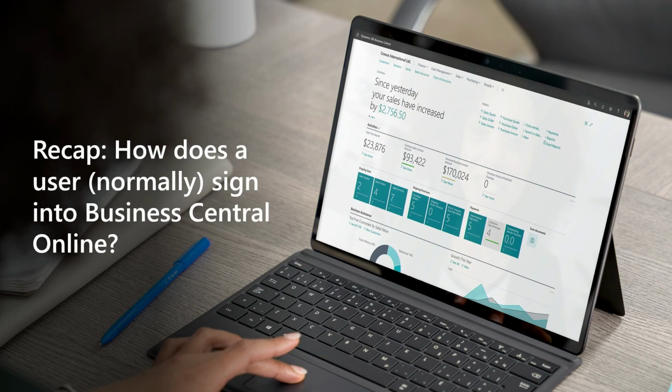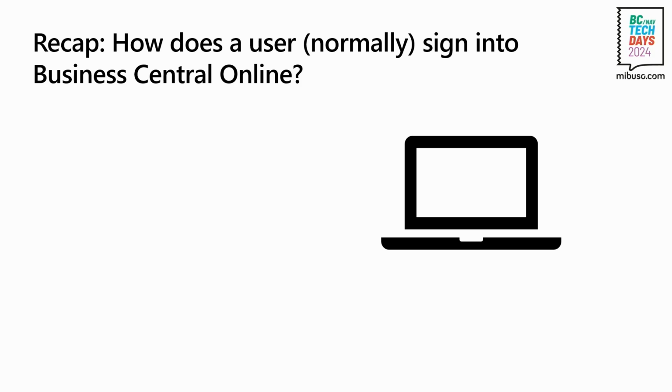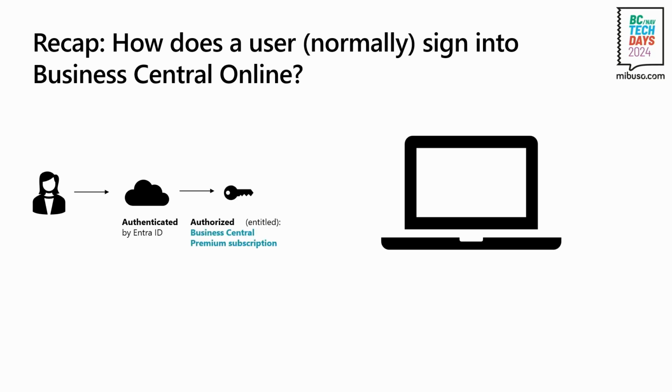Yeah. So before we start, let's take a recap, right? Let's figure out how does a user normally sign into Business Central. What this usually encompasses is you have some Business Central user. They get authenticated in Entra ID, which means you verify who you are. Like, this is my username, this is my password, my 2FA. That's great. And then we have two layers of authorization that's standard in our Business Central auth flow, right?